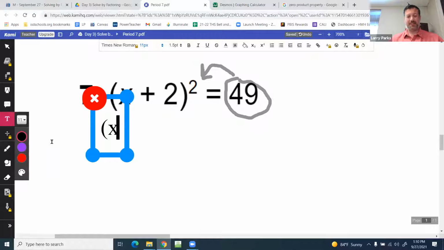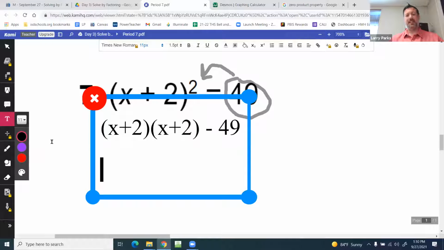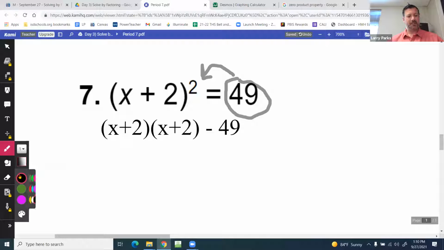X plus 2, x plus 2, minus 49. I would then distribute x plus 2 times x plus 2. And going by memory, that'd be what? X squared, 2x. So it'd be x squared, x times x times 2 is 2x.